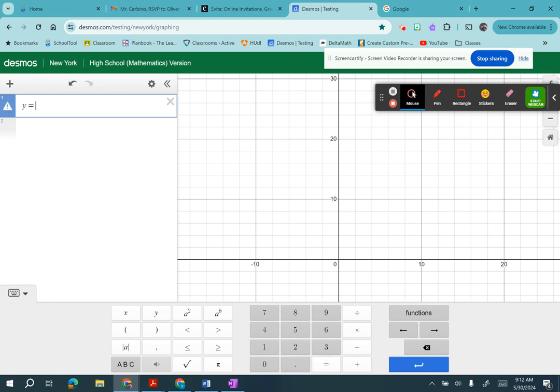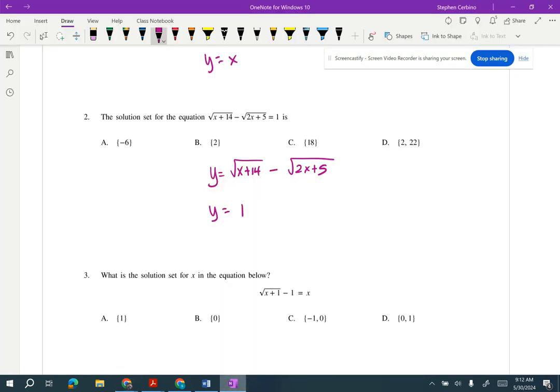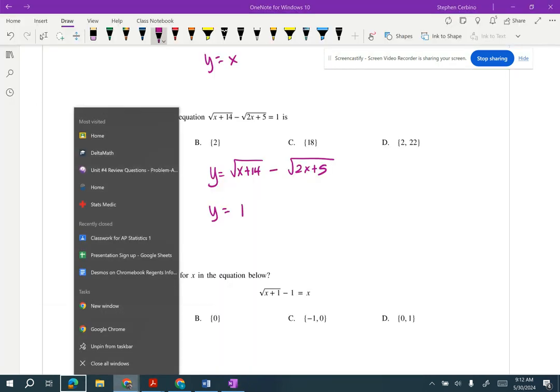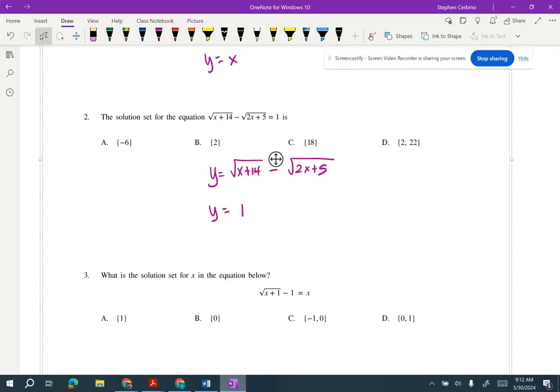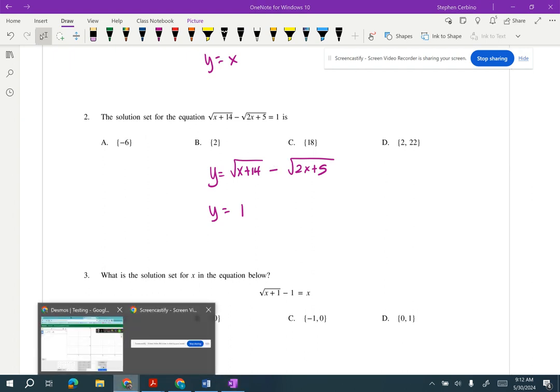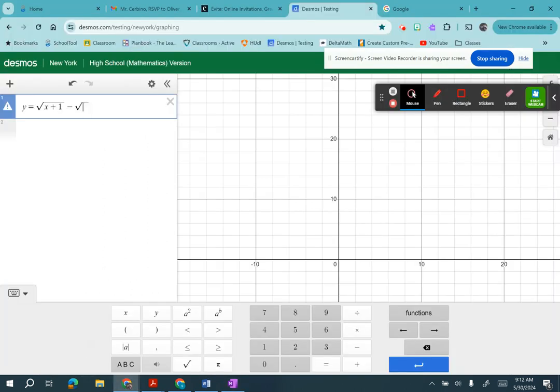Y equals the square root of x plus 14. Make sure you get out of the radical to put the second one, which I didn't. So we have minus the square root of 2x plus 5. And we have y equals 1.